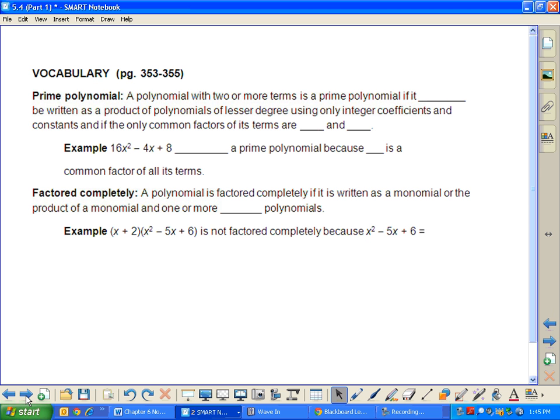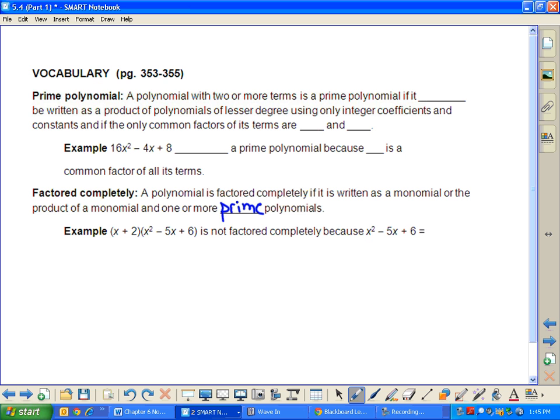Why you have to do that, just to remind you, is that it is part of what it means to factor completely. So let's maybe just review those definitions to start off with today. When a polynomial is factored completely, we can actually say that it's prime.